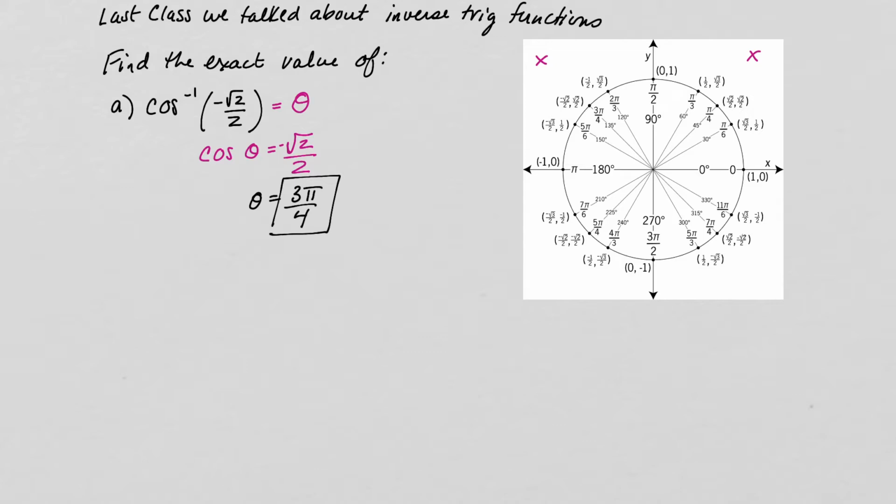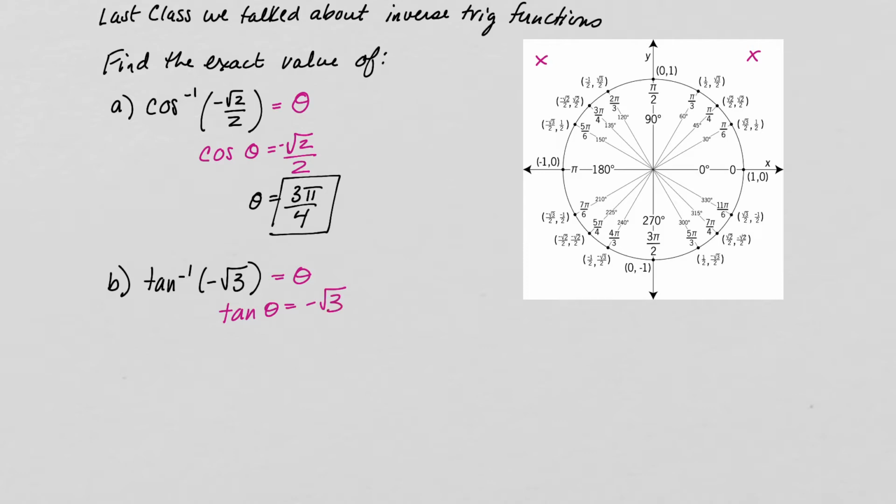Okay, then we also did a couple, so maybe something like the inverse tangent of, say, minus root 3. So same deal, right? We set it equal to theta, and we're looking for when is the tangent of theta equal to minus square root of 3.